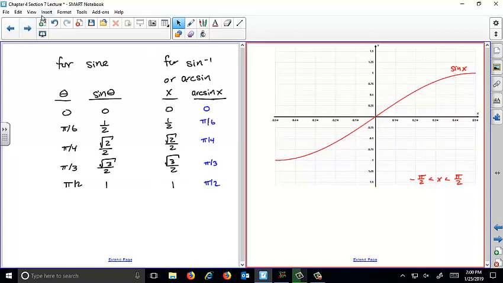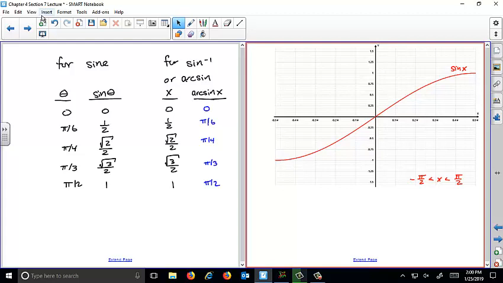Okay. So here is the sine function. We've been drawing 2 full periods of the sine function, but because we have to restrict the domain to make it 1-to-1, we're only going to look at from negative pi over 2 to positive pi over 2. Now you might say, why don't we restrict it from 0 to pi instead? That seems easier if we started at 0.